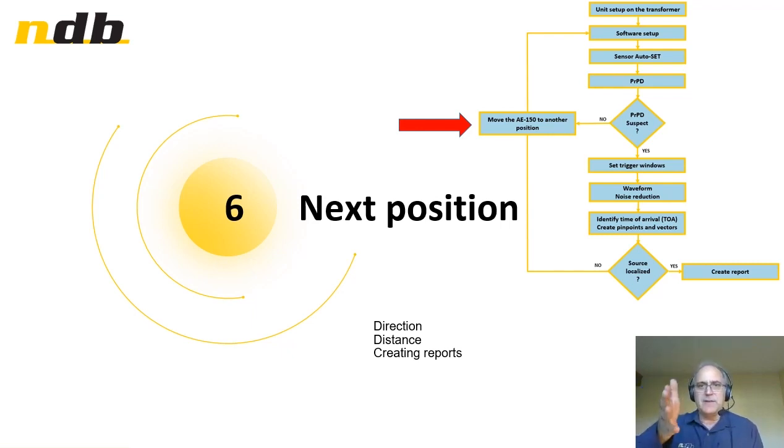Okay, so we made one trial. Let me summarize. We set the PRPD. It was suspect, so we said, yes, it is suspect. We set the trigger, we obtained a waveform, removed the noise, identified the time of arrival, and we have obtained points and vectors. So the question is now, can I go home?